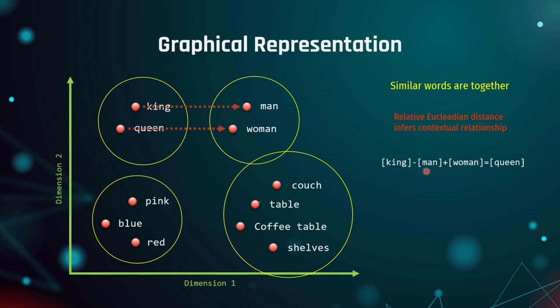So if we try to apply the same logic of word embeddings into other relationships, for example, আমরা বলতে পারি doctor minus man plus women will give us a nurse, right?